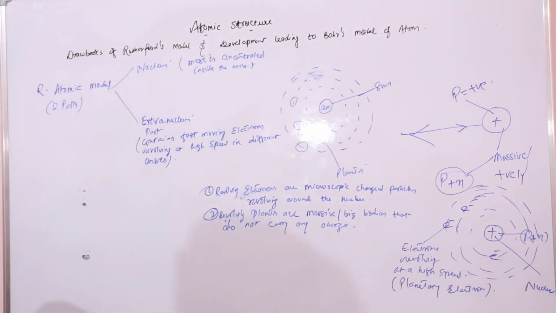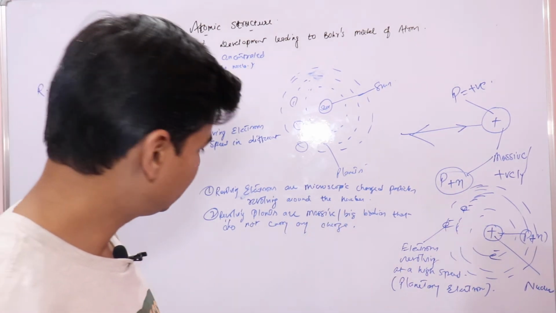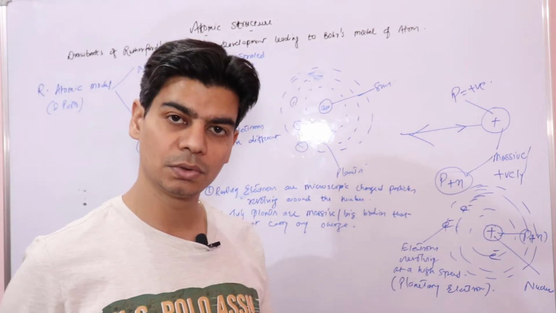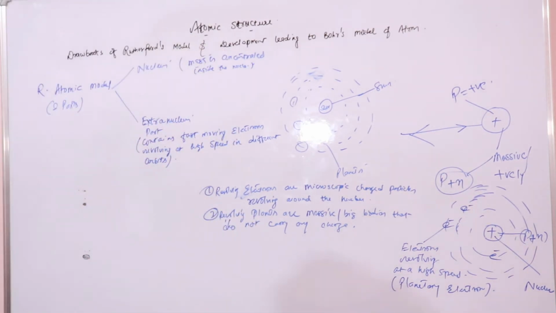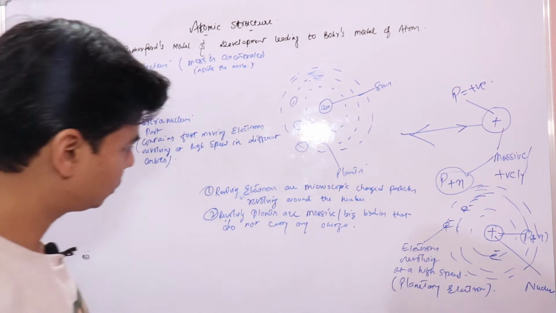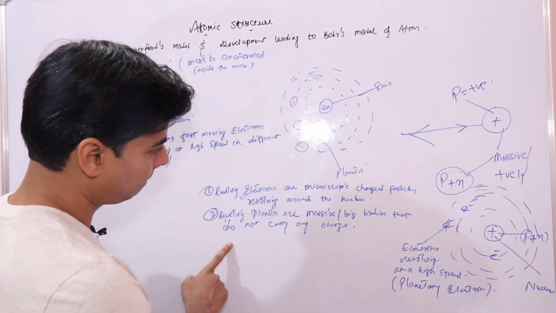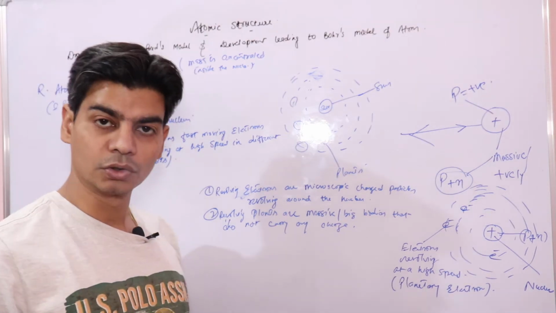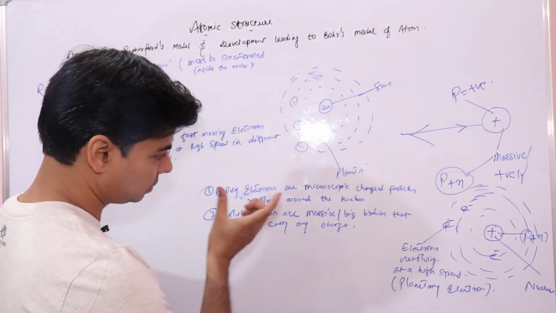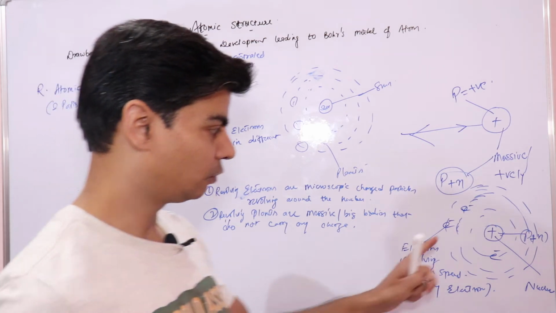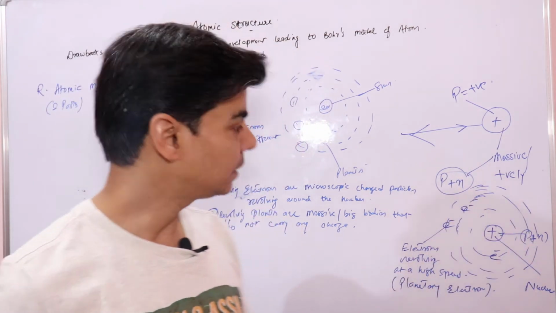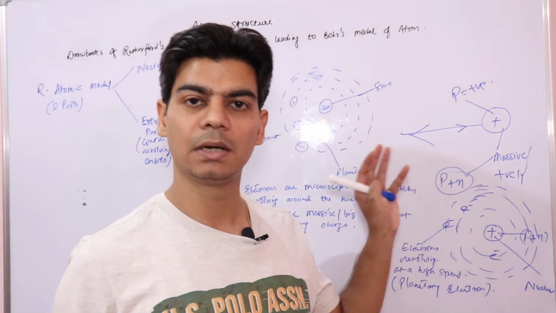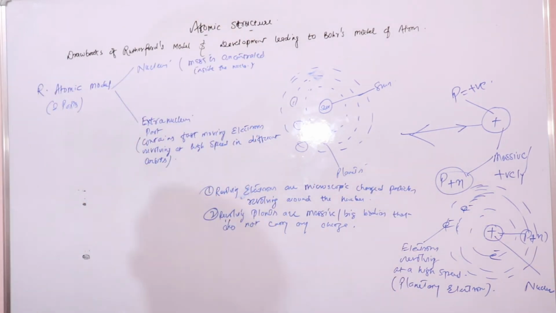So this is the major point of difference which we will use in its drawbacks, what will lead to the drawback of the Rutherford model. So just make sure that you understand these two points: these are microscopic particles, you cannot apply laws of motion, and these are charged particles revolving around the nucleus, and the planets do not carry any charge, they are neutral, right?